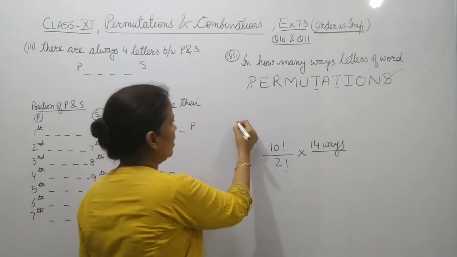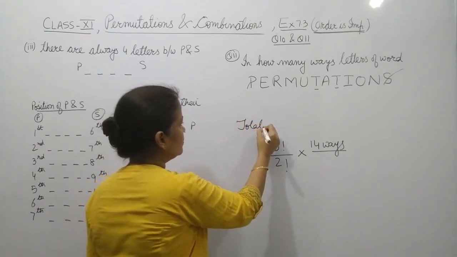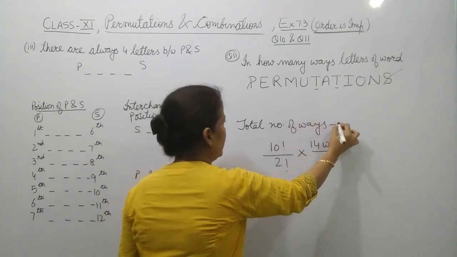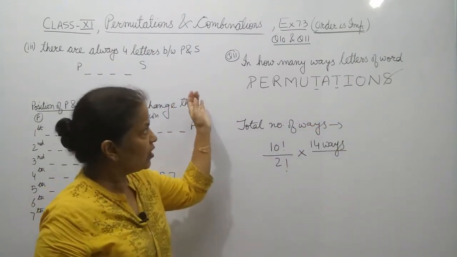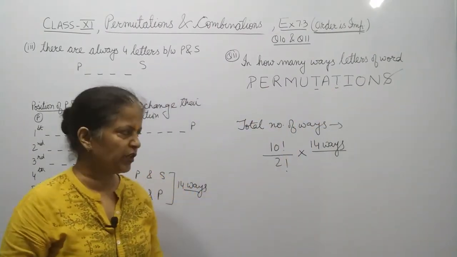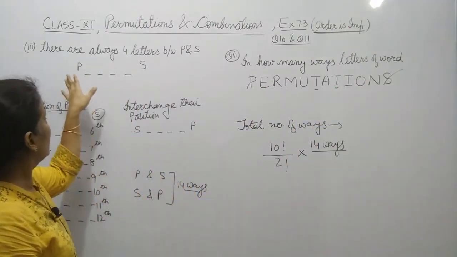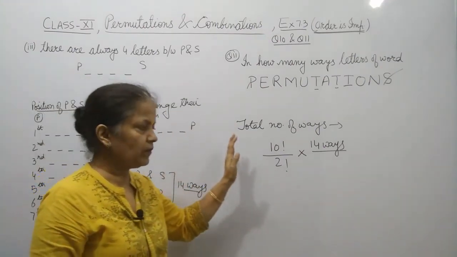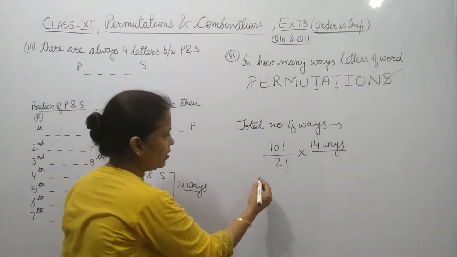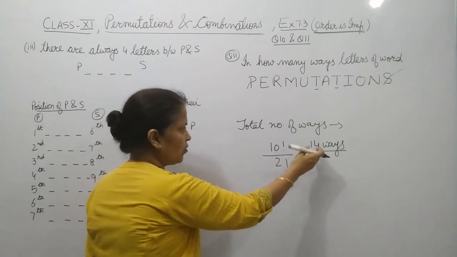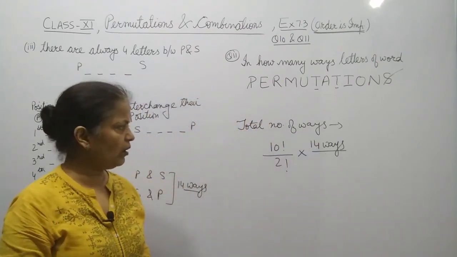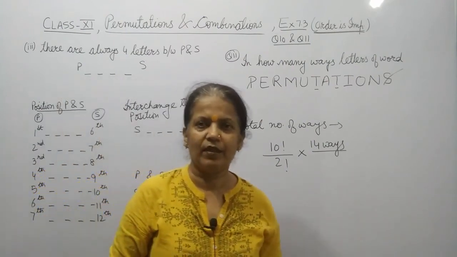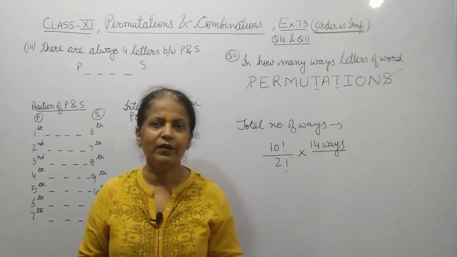So these are the total number of ways in which this whole word can be arranged if between P and S there are 4 letters. Now you can solve it: 10 factorial upon 2 factorial into 14. I think you can solve it yourself to get the answer. That's all for today. Thank you and have a nice day.